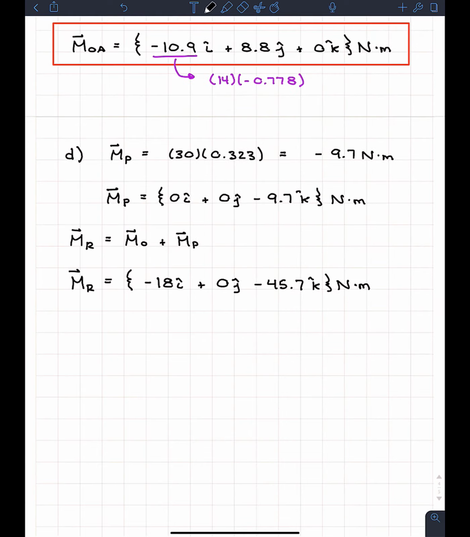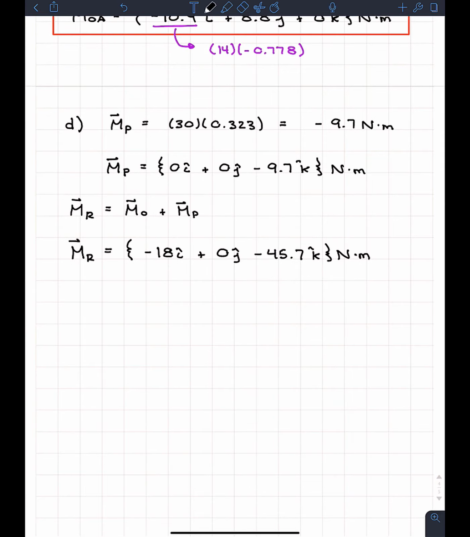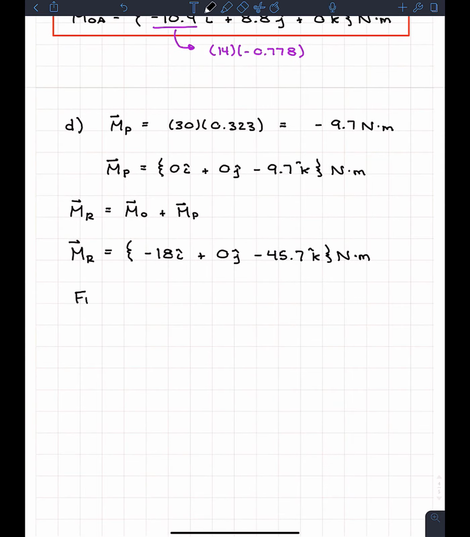We can do the same thing for F_R, because we know that F_R is equal to all of our forces put together, so F plus P. It's very simple because both of those are already in Cartesian vector notation, so we can just add up all the components.